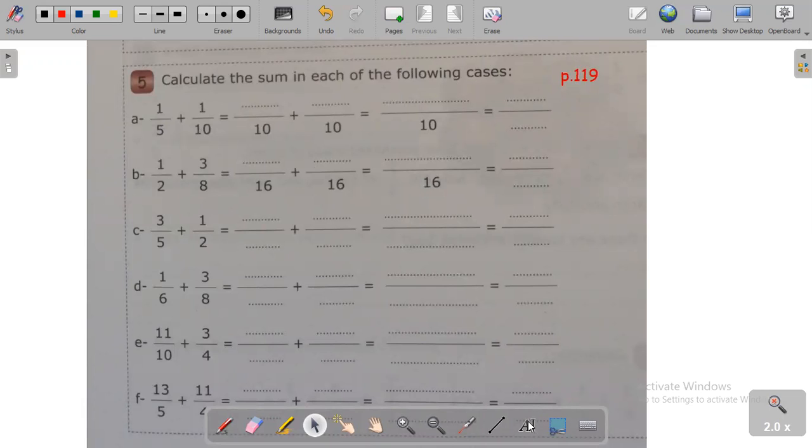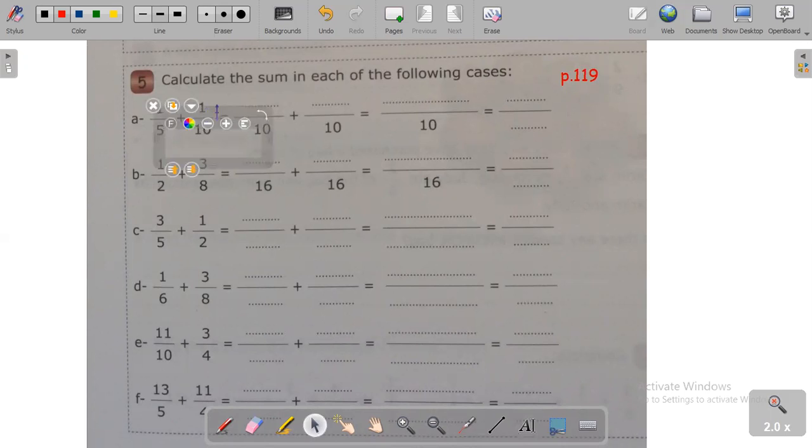Look, the denominator here is 5 and here is 10. And we know that we cannot add two fractions with different denominators. So we want to make them the same. What we have to do, the 5 becomes 10.